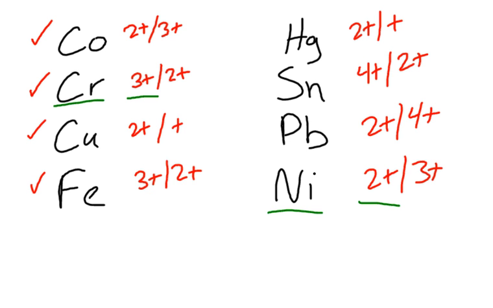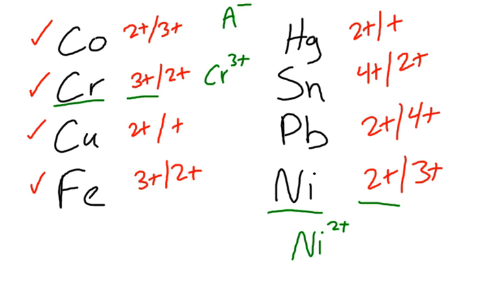Once that's been identified, written like nickel 2+ or chromium 3+, you just do what you normally do as far as writing out your compound, with whatever anion you happen to combine it with.